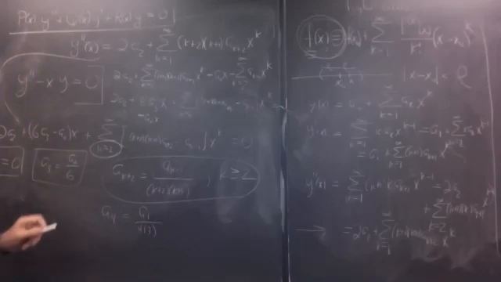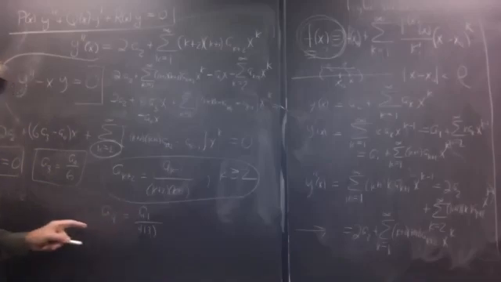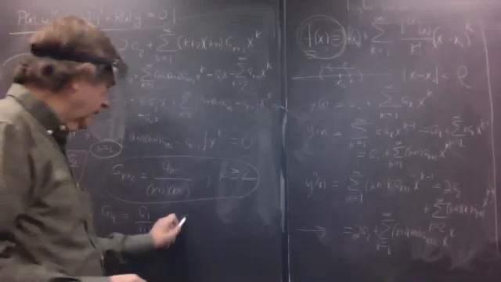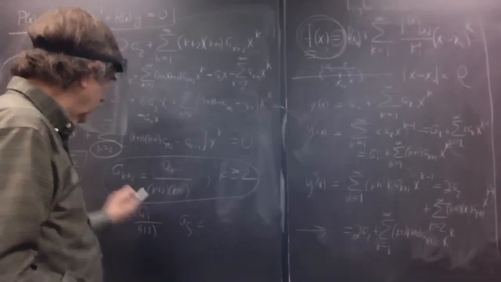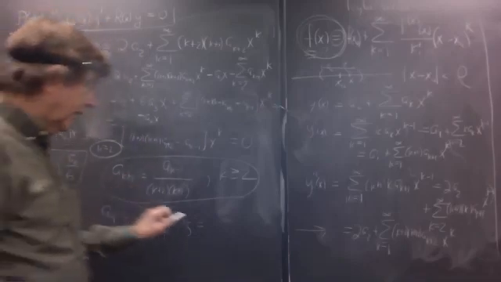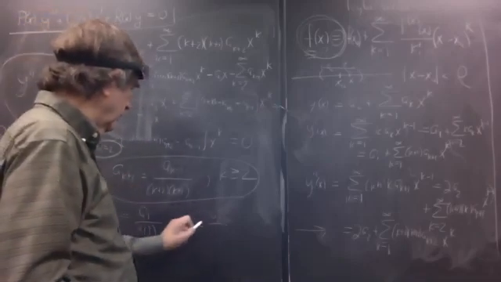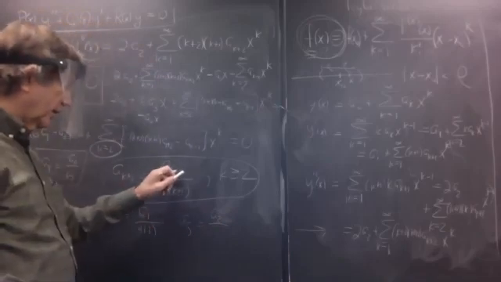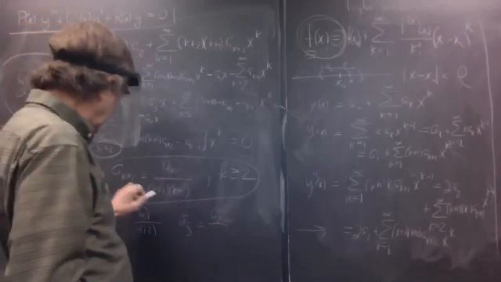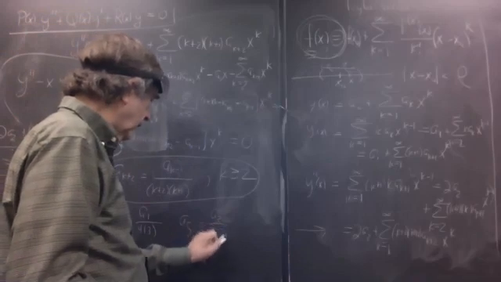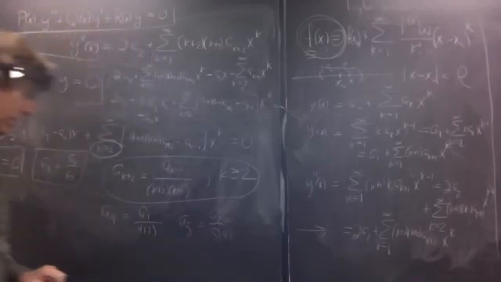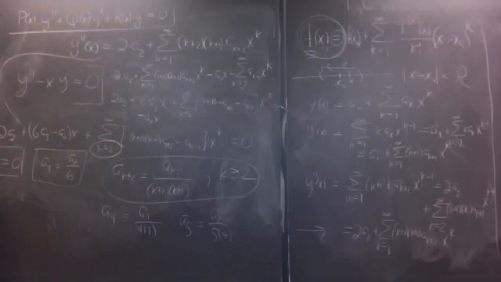So now what I notice about this, besides, is 4 and 1, they're 3 off. What's A5 going to be? A sub 5, that's when k is 3. A sub 5 is A sub 2, because 3 minus 1 is 2, over 5 times 4. But A sub 2 is 0. So A sub 5 is 0.